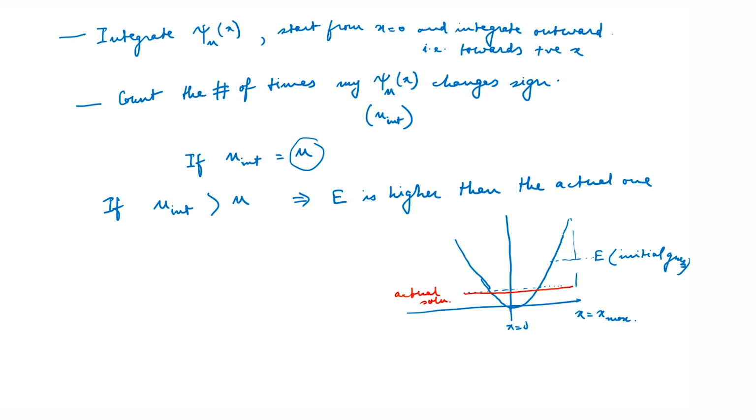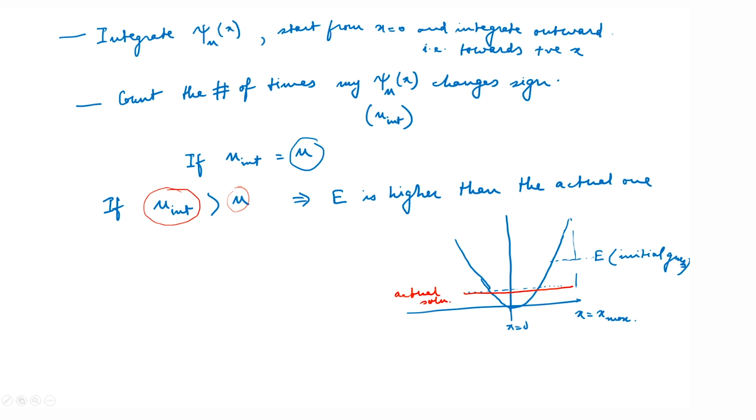Okay. So, if you remember the other solutions, as you go from n equals 0 to n equals 1 to n equals 2, the number of nodes increases. So, the higher the energy of a solution, the more nodes it has. Hence, if the number of times the wave function changes sign is greater than the desired number of nodes, that definitely tells me that my energy is higher.